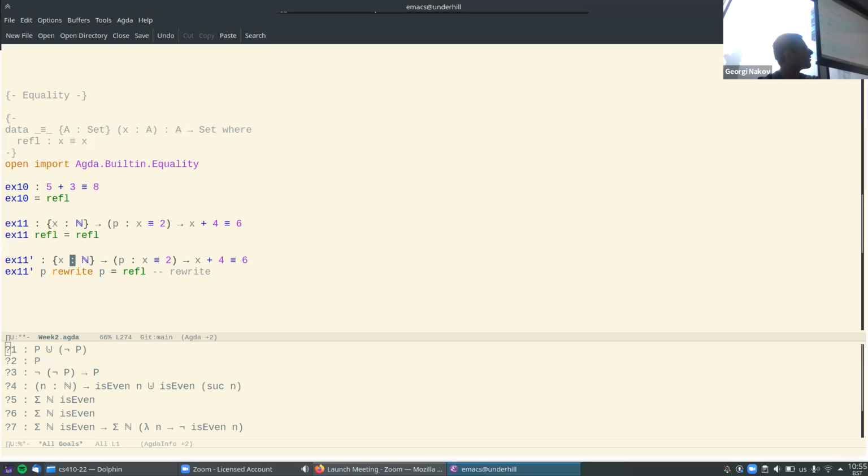Maybe we can introduce another variable. Yeah. And see how that will affect our rewrite. Yes, you might want to put an x plus y in the goal. Right.